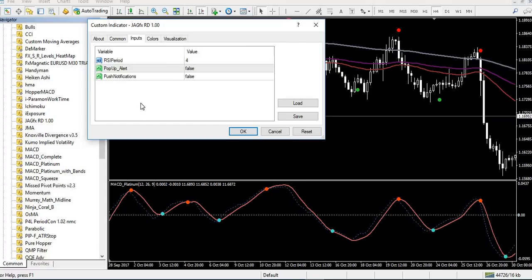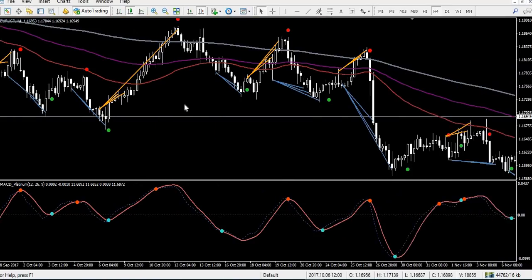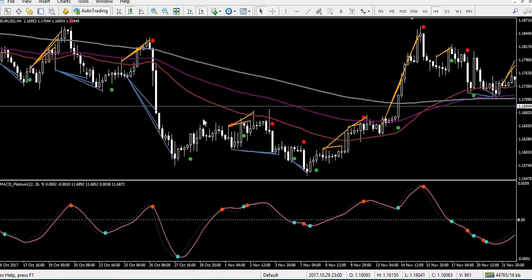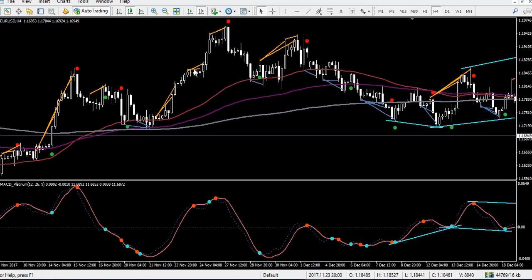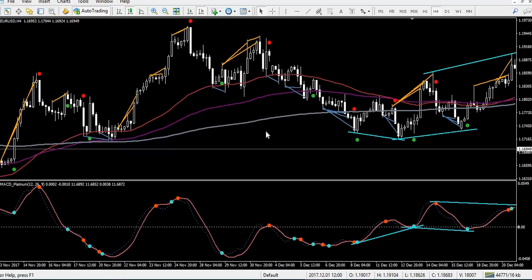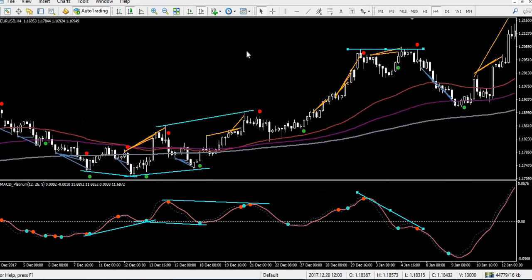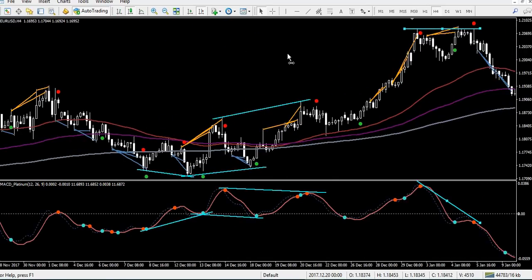Now all this does, RSI setting, RSI period of 4, put OK, and it'll put these orange and blue lines on your chart. Now just be careful, it looks good in the historical charts, but these lines will readjust, which means they won't repaint, they won't disappear. Well, they do disappear, but they don't disappear completely.